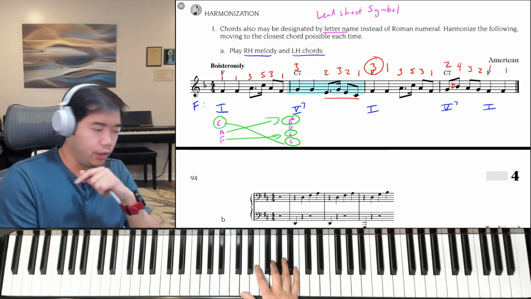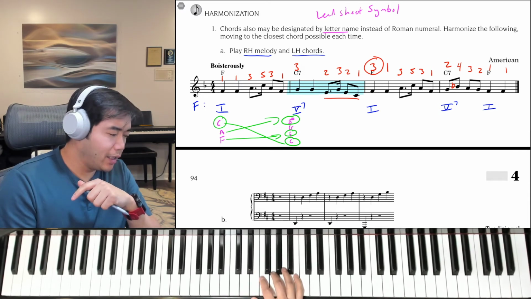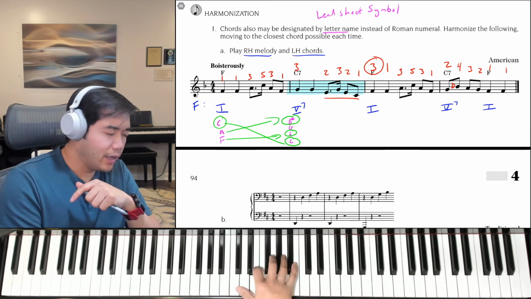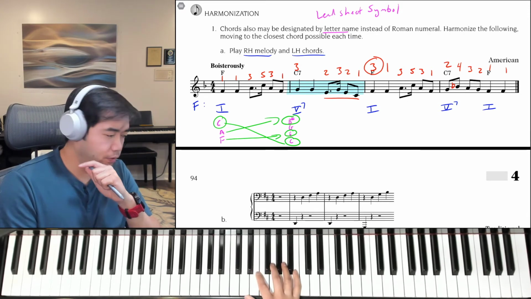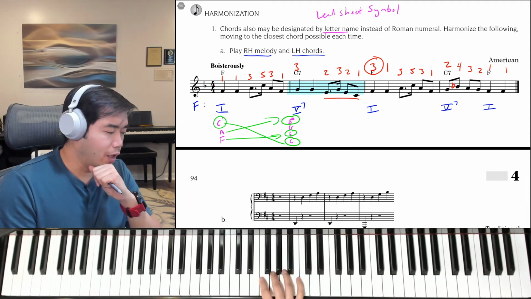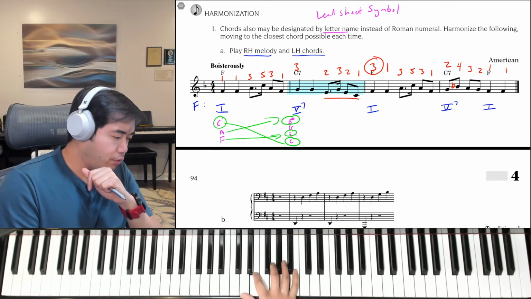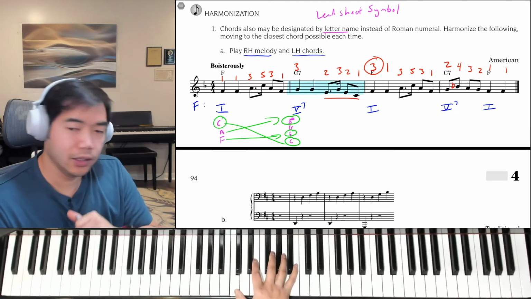Here we go. 1 E and a, 2 E and a, 3 E and a, 4 and like that. Again, ready and again. 1 and 2 and 3 E and a, 4 and just like that.